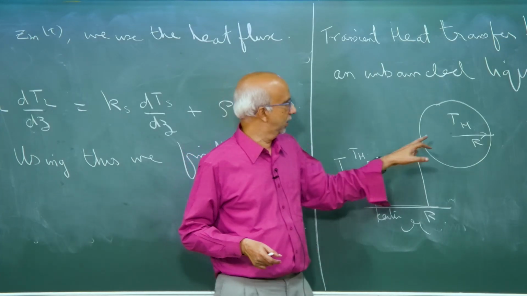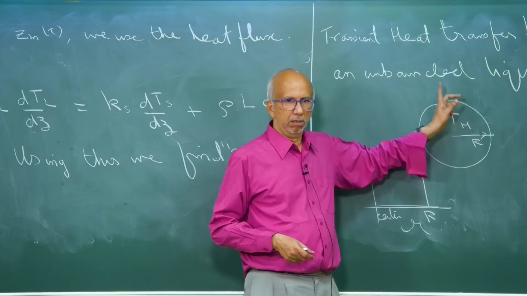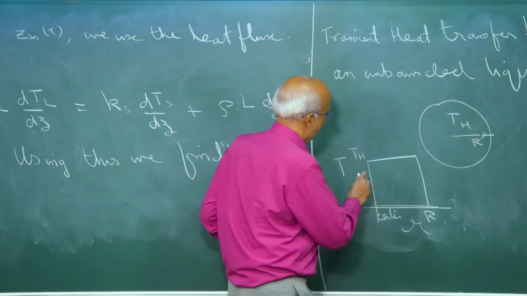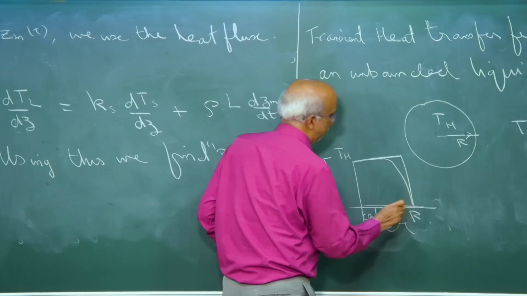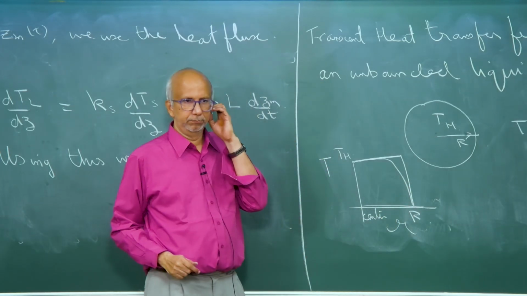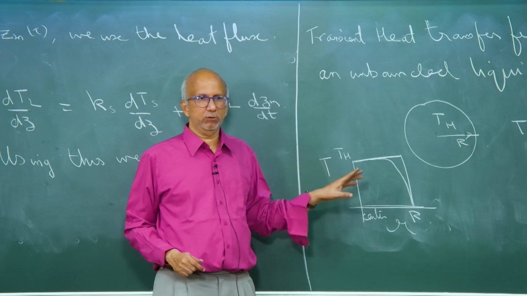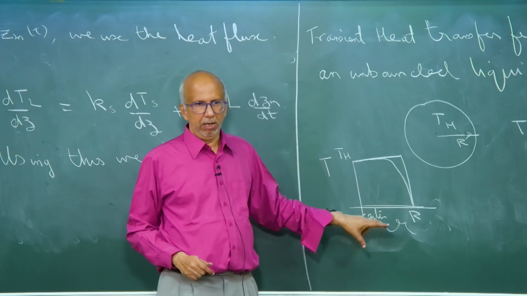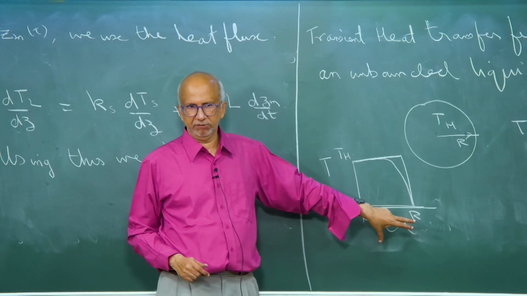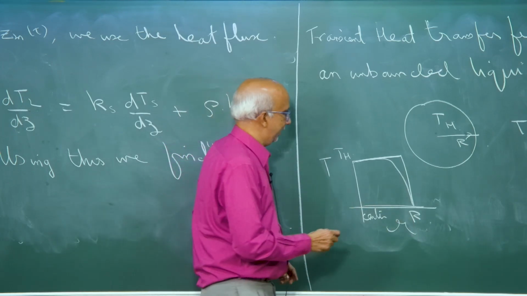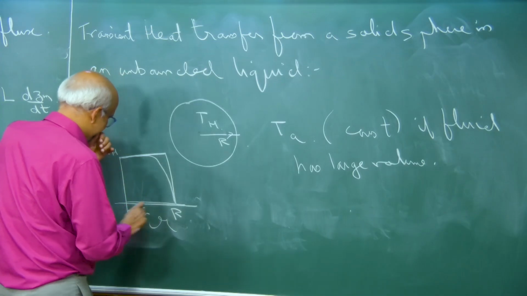So, what is going to cool first is the periphery. So, I am going to get Th here and then somewhere here is going to cool down, okay. So, temperature is going to decrease in the sphere, but the decrease is going to be first near the periphery, near the surface, and this temperature is T ambient.